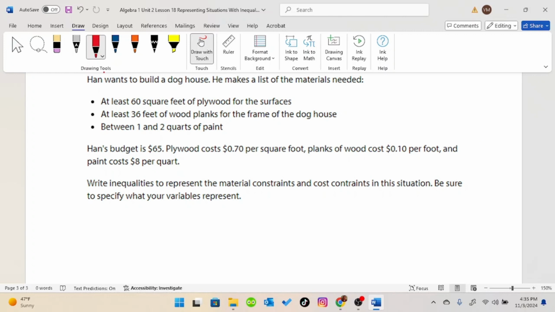So first, I'm going to list what my variables represent. We know that we're going to need at least 60 square feet of plywood, so I'm going to use P for square feet of plywood.